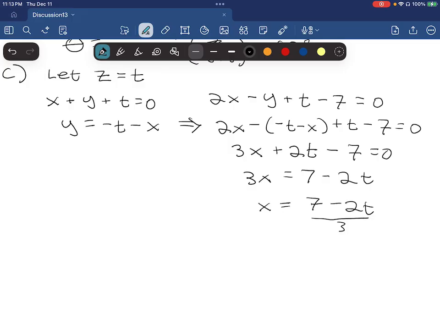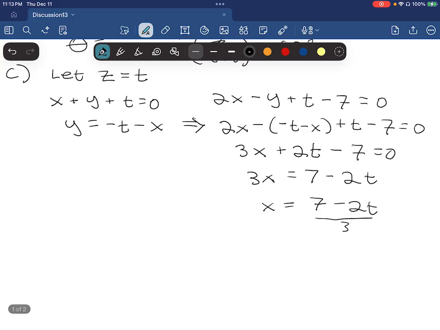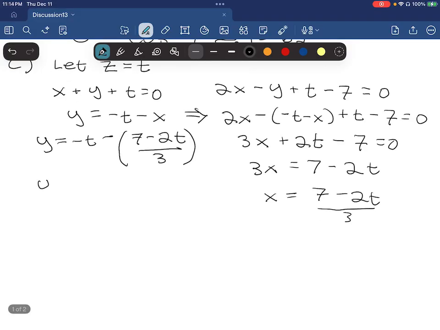Now we're going to go back to this equation up here on the left side, and we're going to sub back in what we just got for x. All right, just going to make the denominators match, and then distribute this negative.